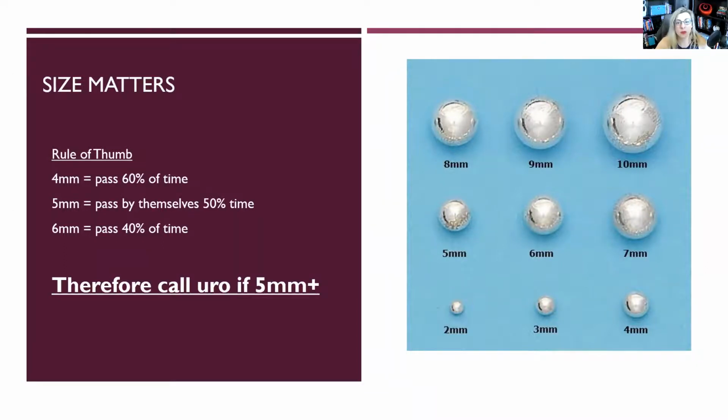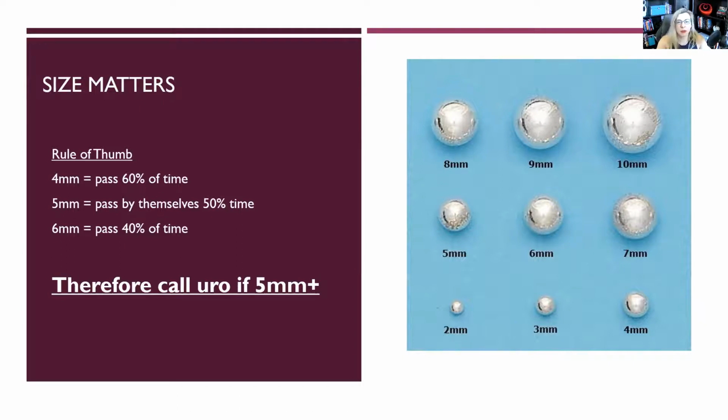The reason is that they pass by themselves 50% of the time, which means 50% will be fine over about a 24 to 48 hour period, and 50% will not pass and will require some kind of surgical intervention. That's why it was made the 50% cutoff.